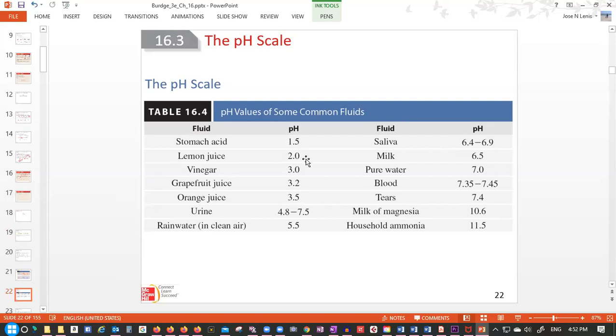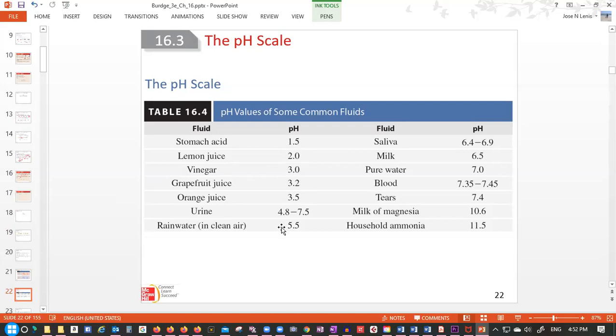Milk of magnesia, which we mentioned before, an aqueous solution of magnesium hydroxide, is 10.6, used as an antacid to neutralize the stomach acid, 10.7, that's the pH. The household ammonia, which is a diluted solution of ammonia, has pH 11.5, so it's very, very basic.